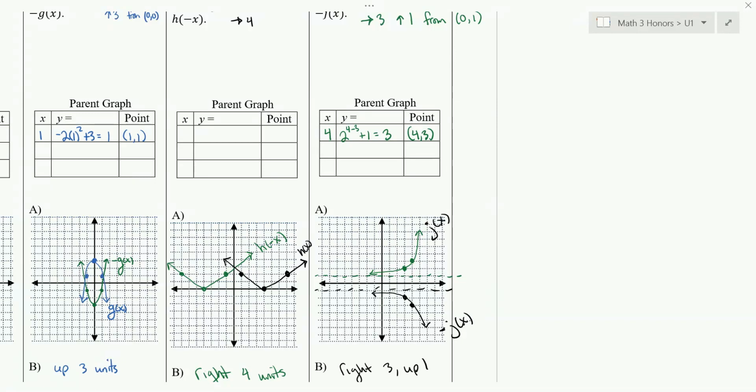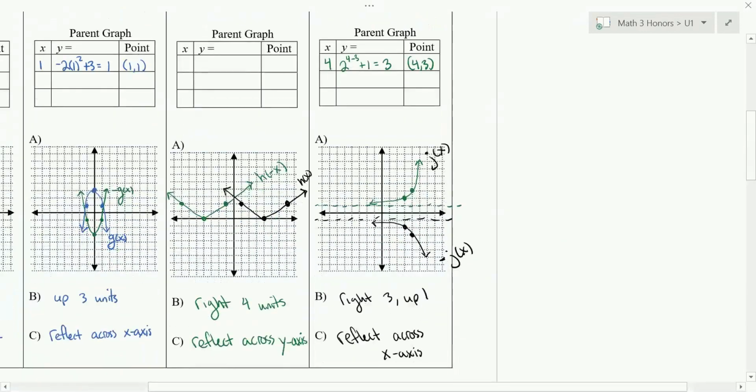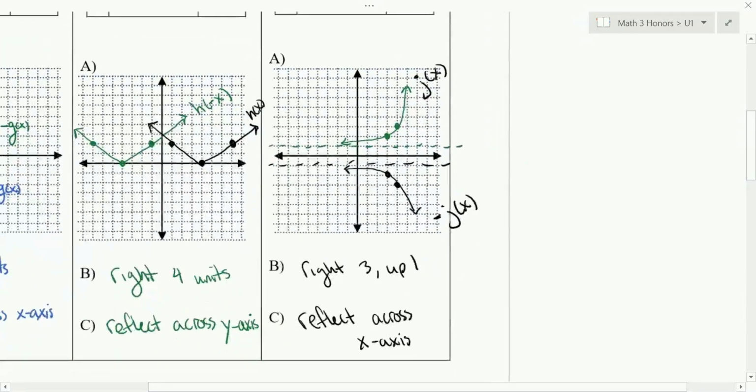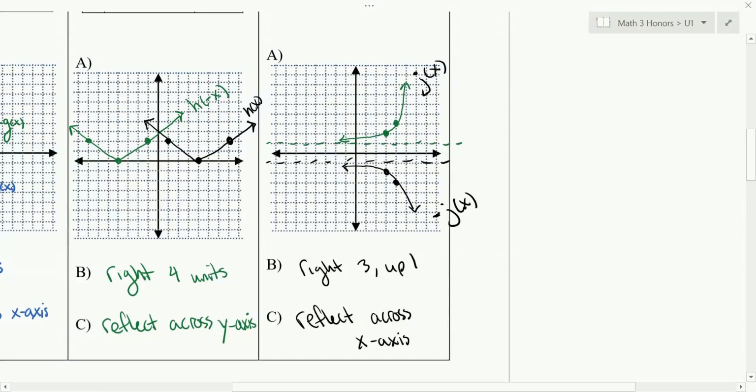All right, so this one, how'd it go? I guess I didn't freeze it so you guys could see it here. Was this a little more challenging? Maybe, some of us.